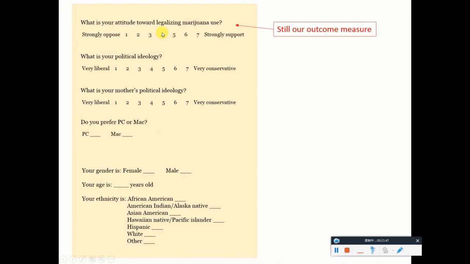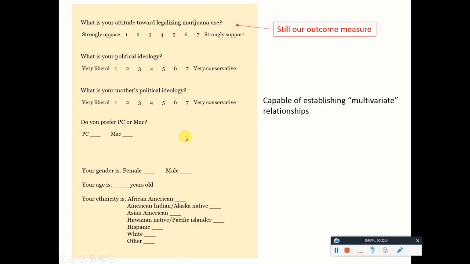And if it is conservatism that underlies people's views on legalizing marijuana use, then there might be some difference between PC users and Mac users in terms of the views on this issue. That will be a very interesting study to conduct to find out whether that's true or not.